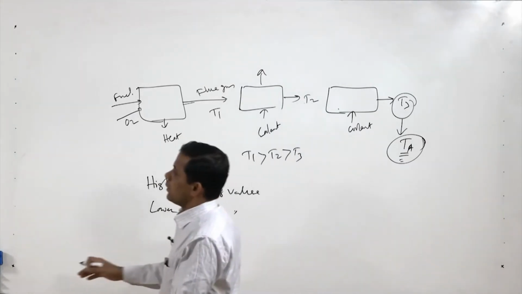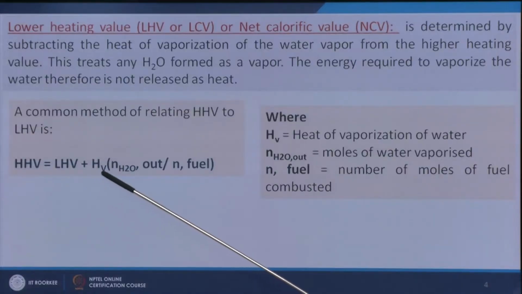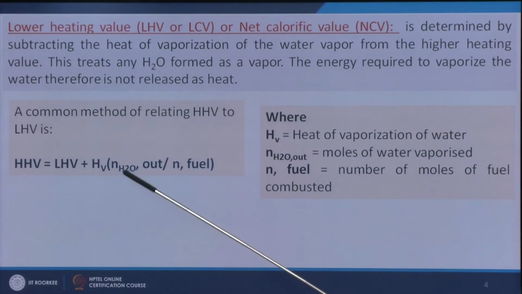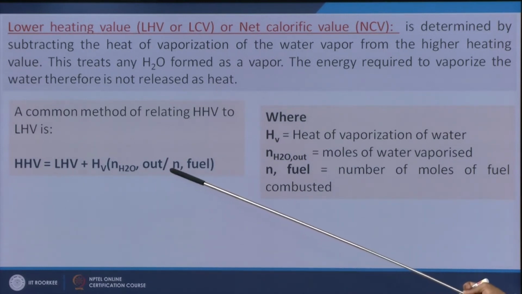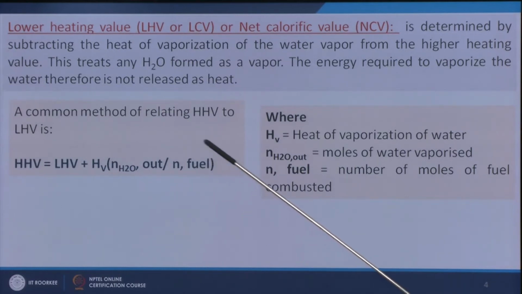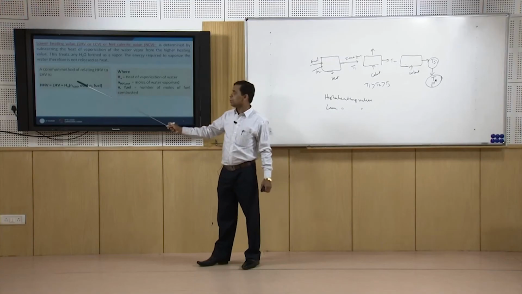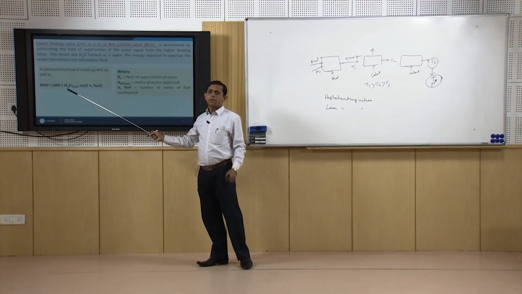So the HHV is equal to LHV plus Hv into number of moles of H2O produced divided by number of moles of fuel, where Hv is the heating value for the vaporization of water.